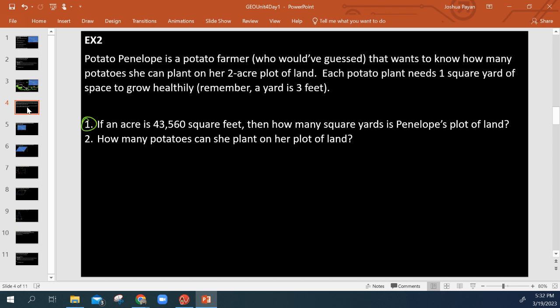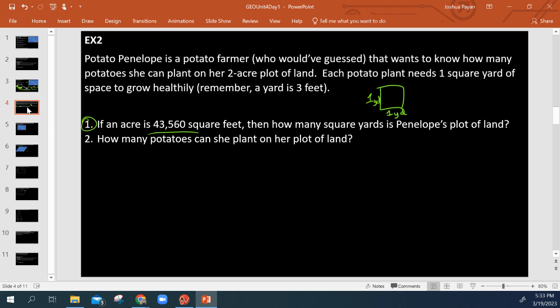And we also see on the first thing we're being asked, an acre is 43.56 thousand square feet. Okay. So each potato plant needs 1 square yard, right? So that's 1 square yard. Of course, it's supposed to be YD, right?